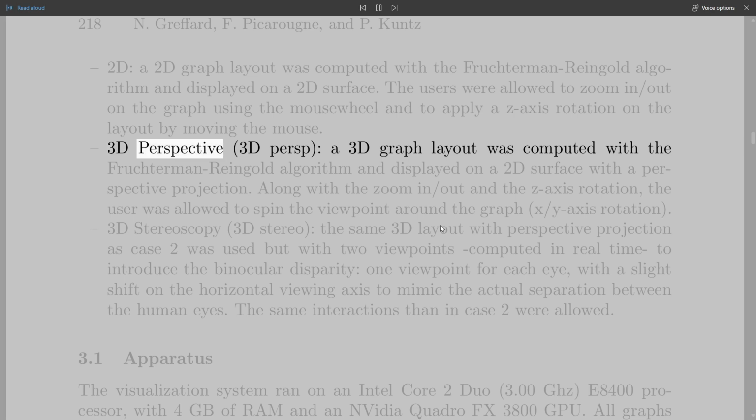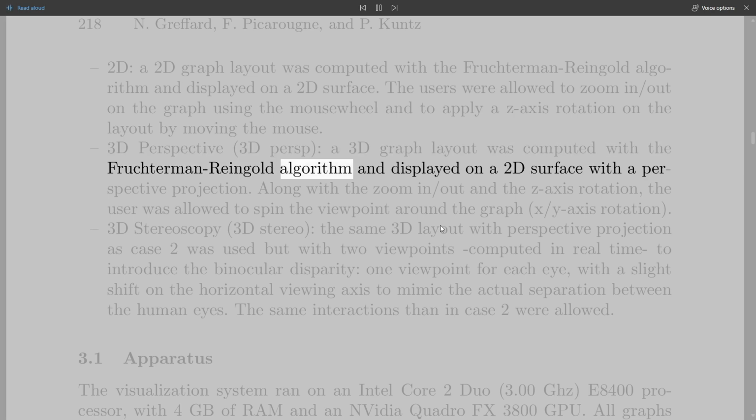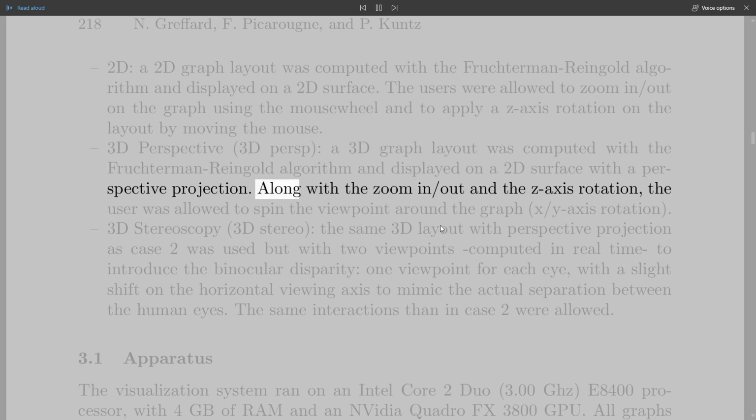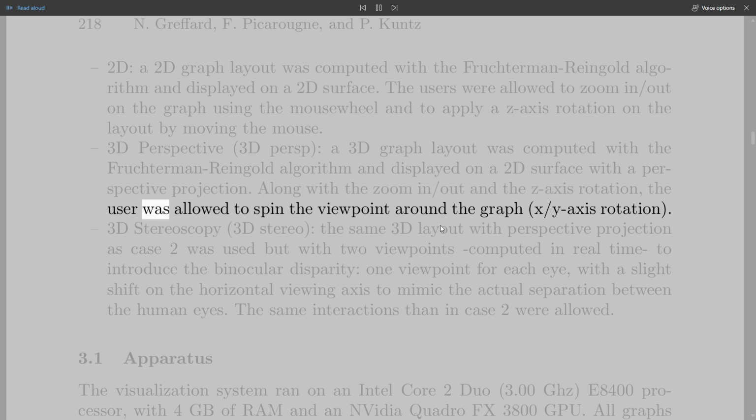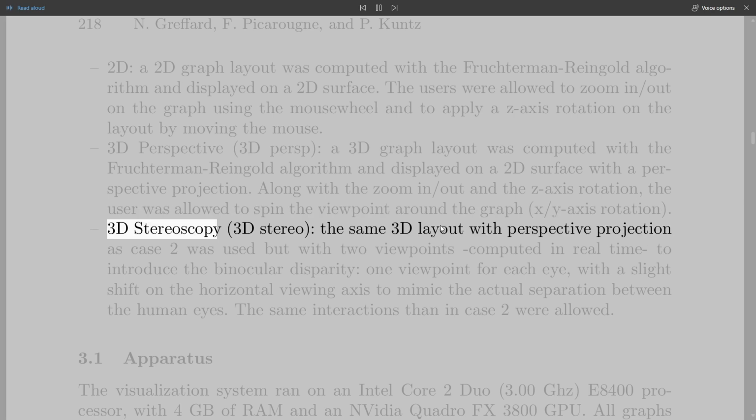3D perspective. A 3D graph layout was computed with the Fruchterman-Reingold algorithm and displayed on a 2D surface with a perspective projection. Along with the zoom in/out and the z-axis rotation, the user was allowed to spin the viewpoint around the graph, x/y-axis rotation. 3D stereoscopy.